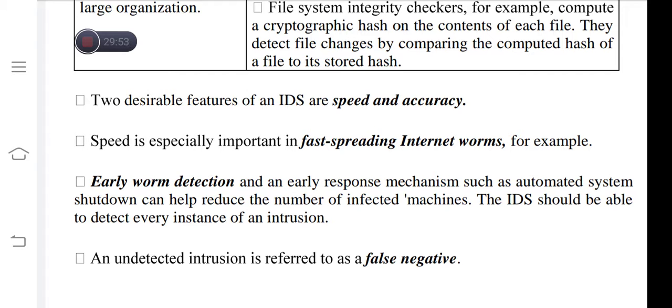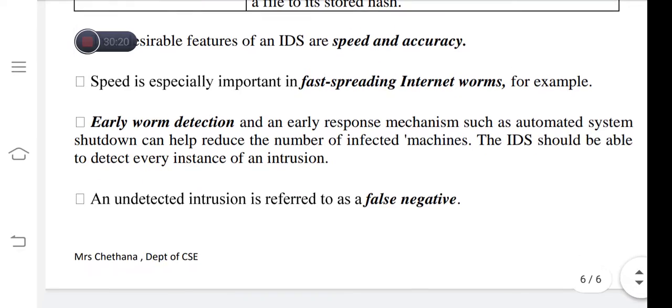That means the intrusion detection system should be able to detect every instance of intrusion. An undetected intrusion is referred to as a false negative.